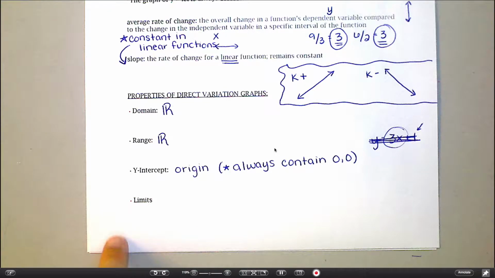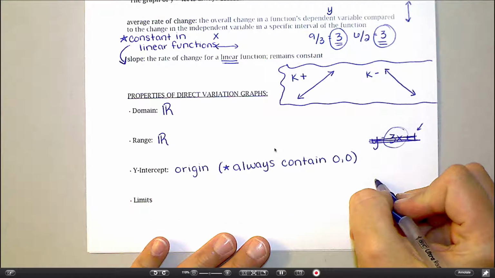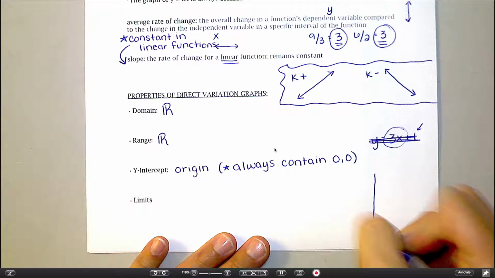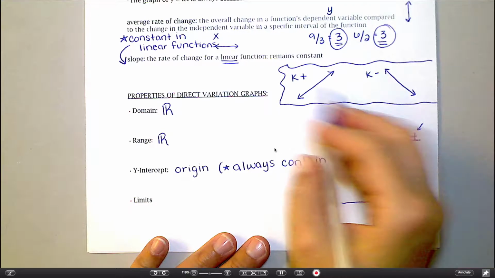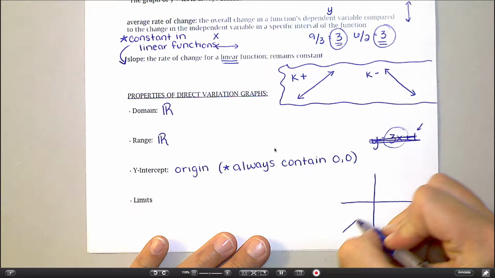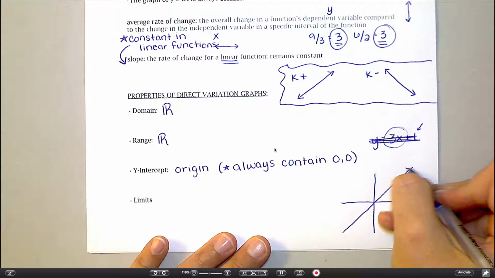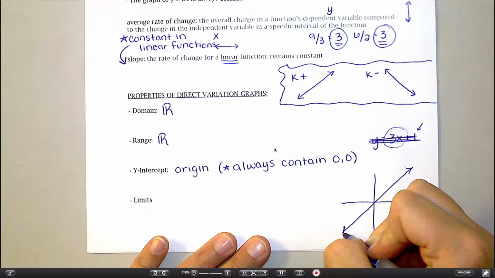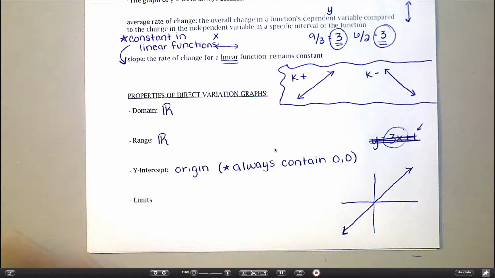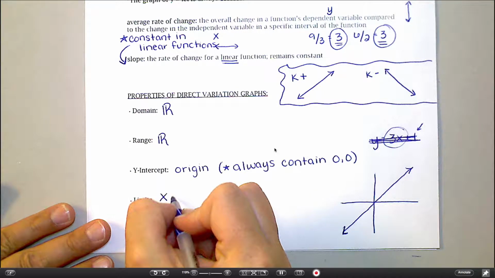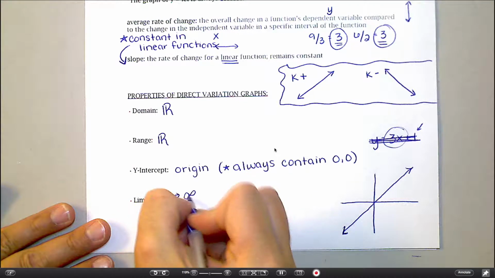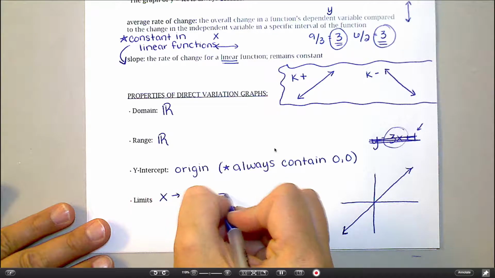And then this might be the only concept that you're really kind of new with. I don't think you've seen this before, is the limit. So I'm going to start with just the k is positive function. And that's going to go straight to the origin like this. And so what I'm asking is, as x approaches infinity, what happens to your y values?